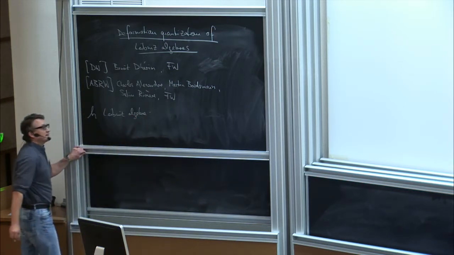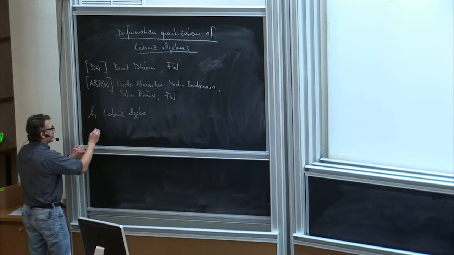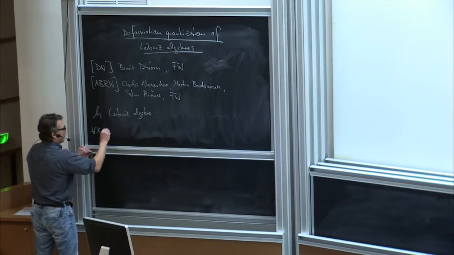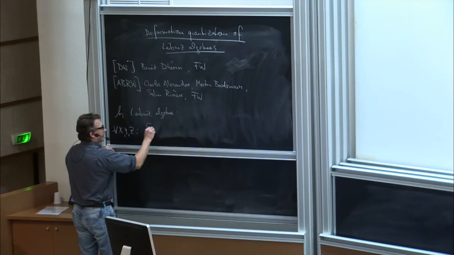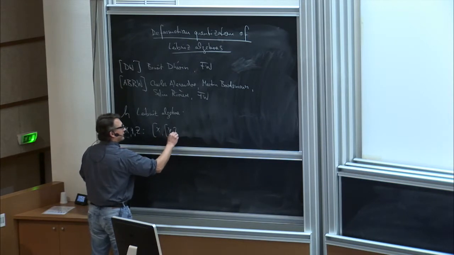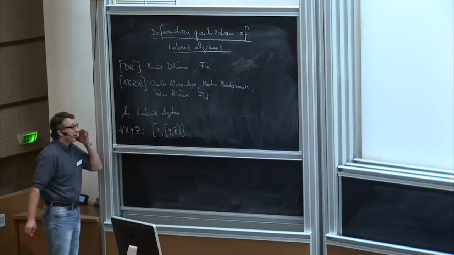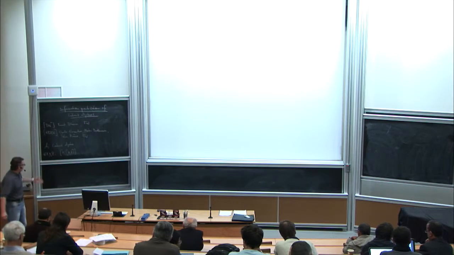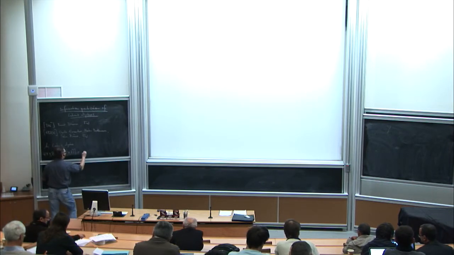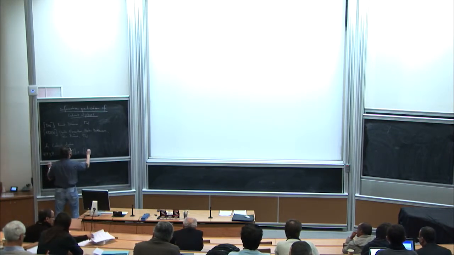I will always be talking about left Leibniz algebras. A Leibniz algebra is a vector space together with a bracket which satisfies the left derivation property.